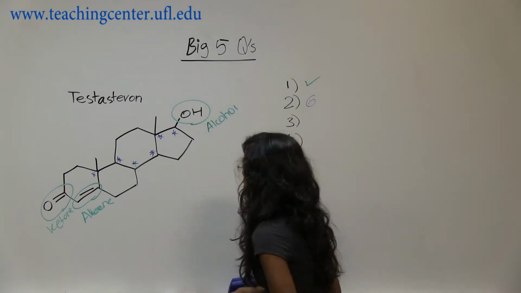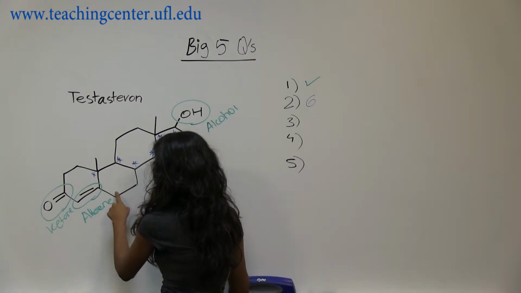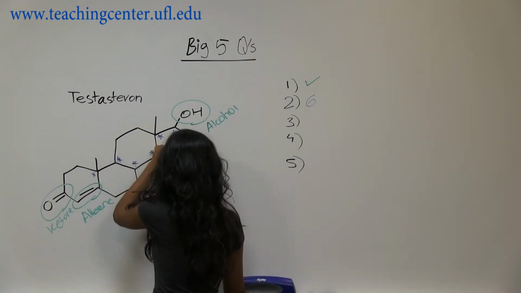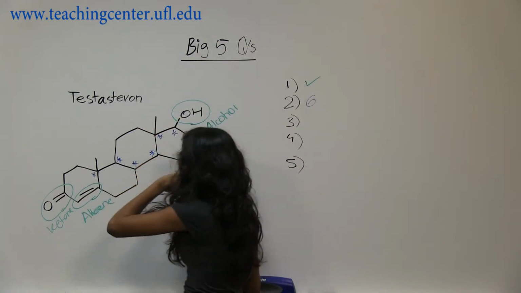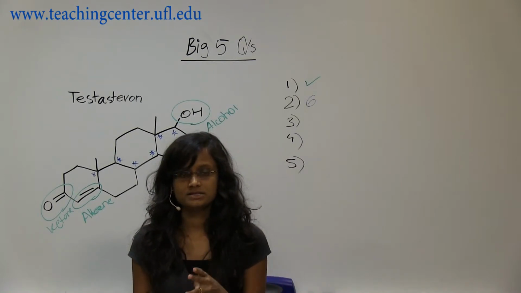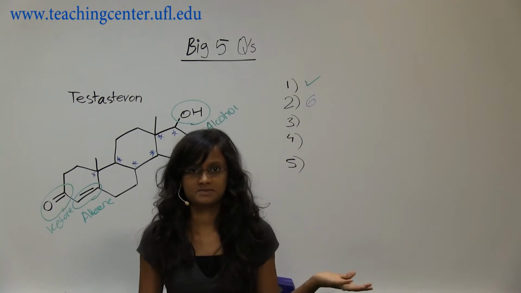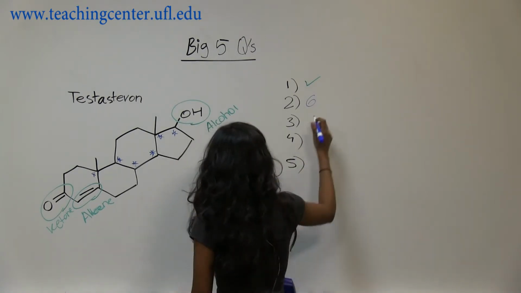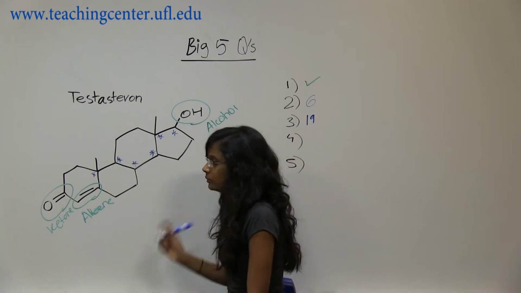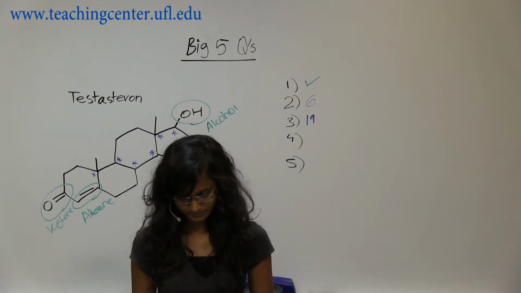Okay, so how many carbons are there? 6, 7, 8, 9, 10, 11, 12, 13, 14, 15, 16, 17, 18, 19. Okay, so I think there are 19 carbons. Always do this step twice, because we sometimes make a mistake and don't see a carbon being there. So the answer for 3 is 19. But if you want, you can go ahead and write the whole formula for your own practice.